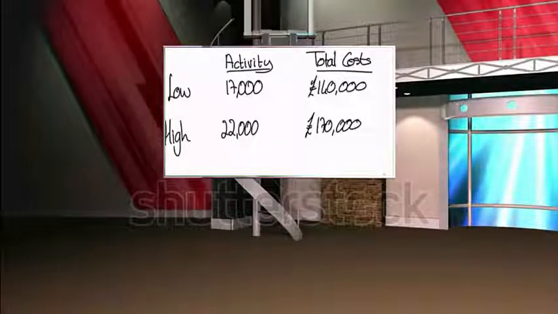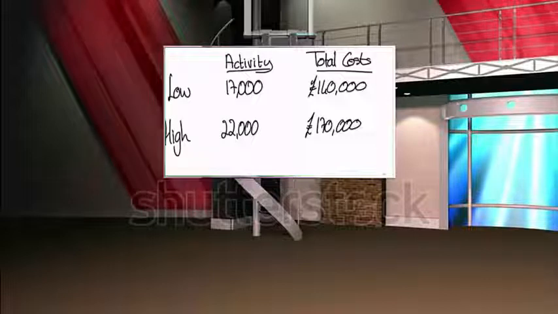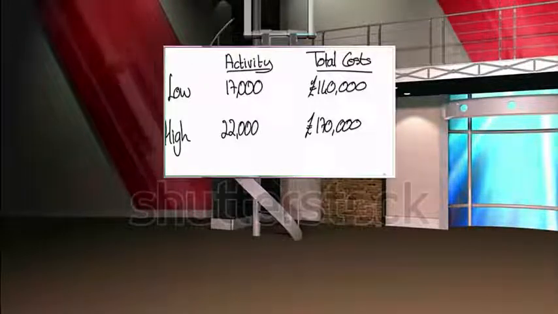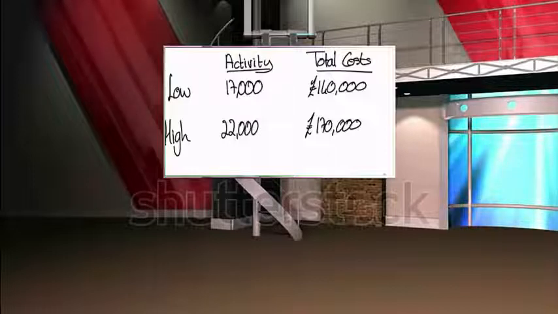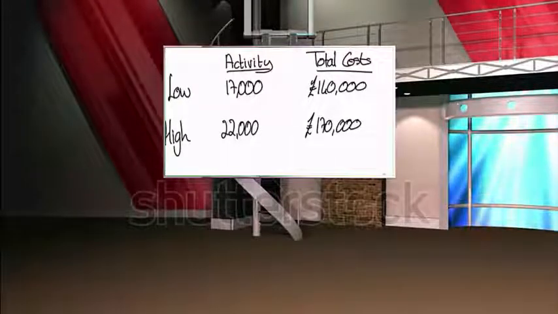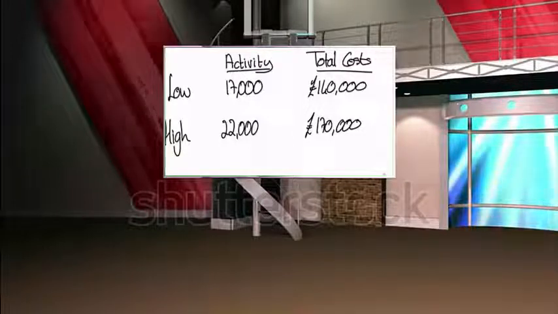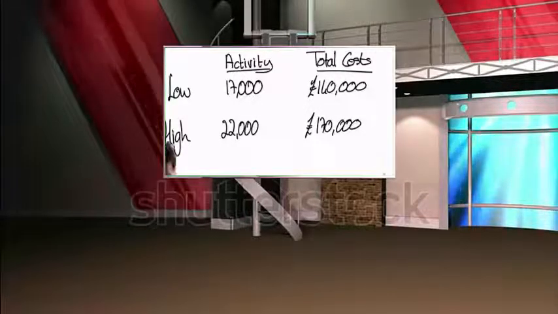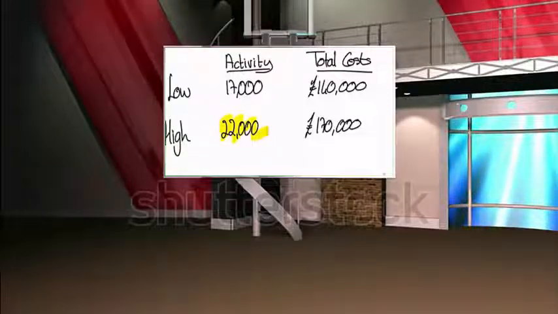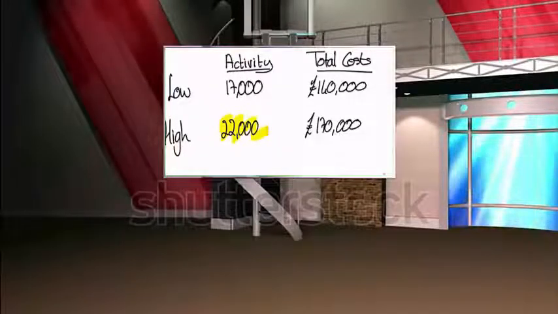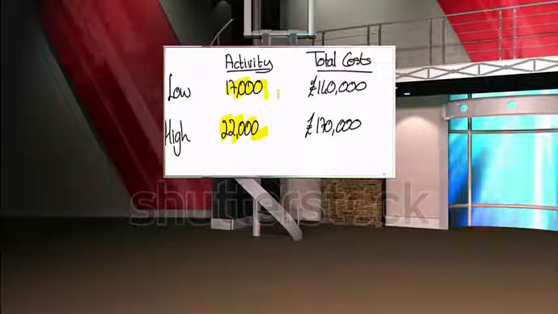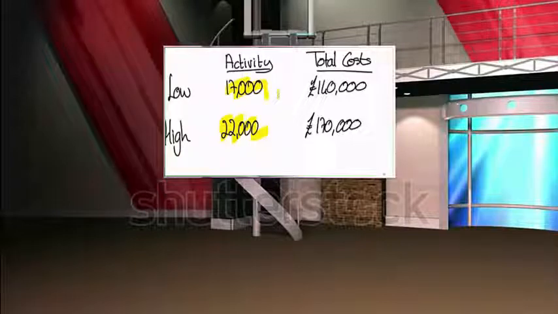But we've been told that the fixed costs increase by £5,000 when our activity level goes above 18,000 units. Which means when we produce 22,000 units, our fixed costs are £5,000 higher than they were when we produced 17,000 units.